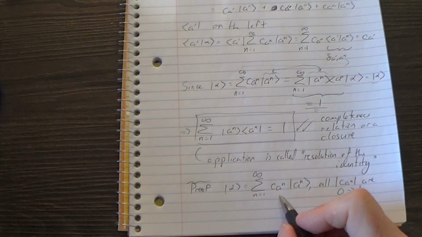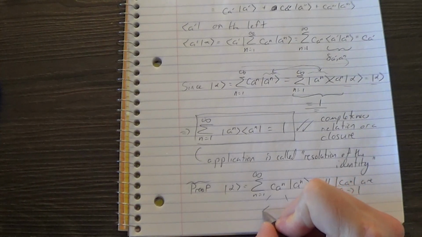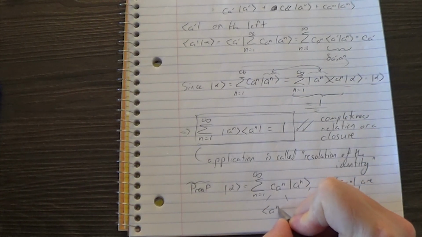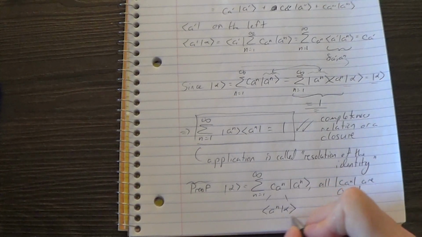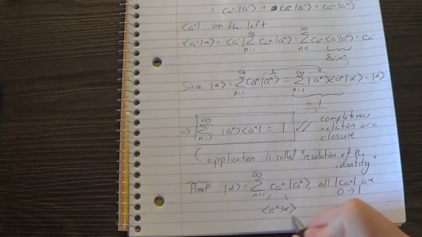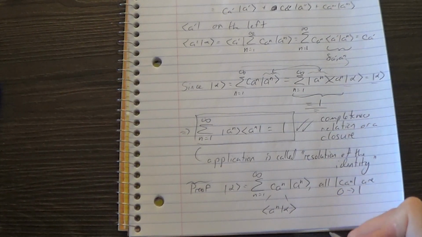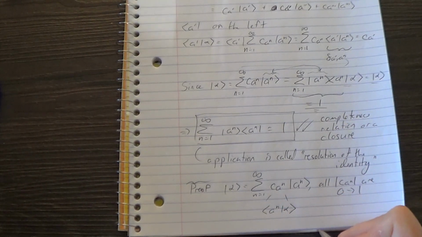So remember that this thing is equal to the inner product of a to the n with alpha. It's complex, but regardless, the absolute value of this complex number is between 0 and 1. I contend that the weighing coefficients are between 0 and 1.